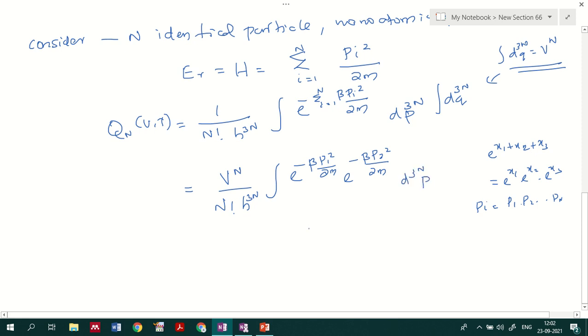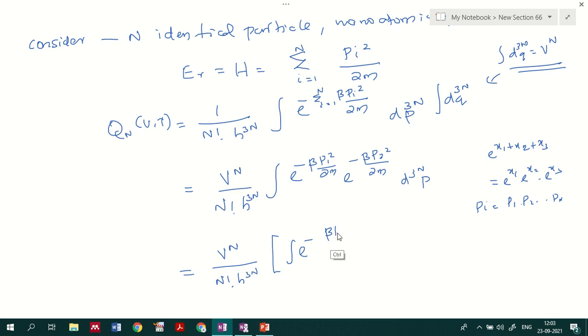Now v raised to n divided by n factorial h raised to 3n, then we'll have e raised to minus beta p square divided by 2m, dp raised to 3n, I can write.